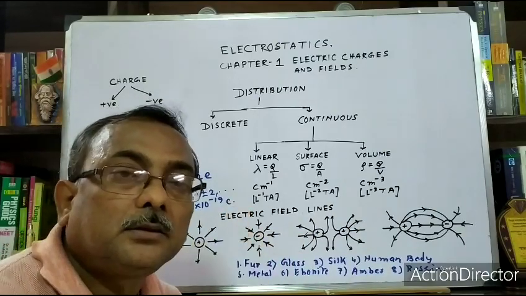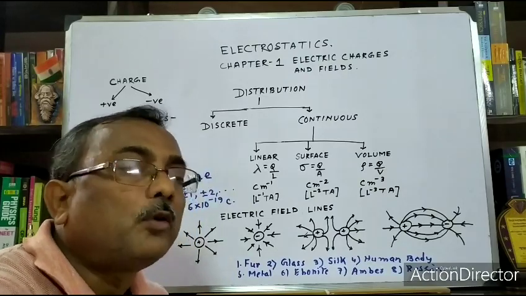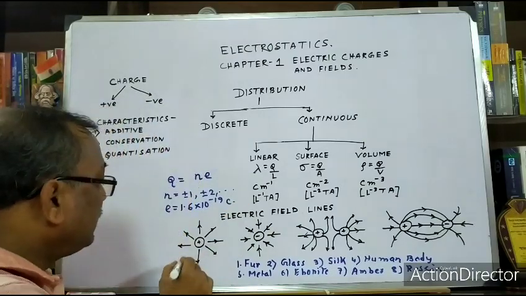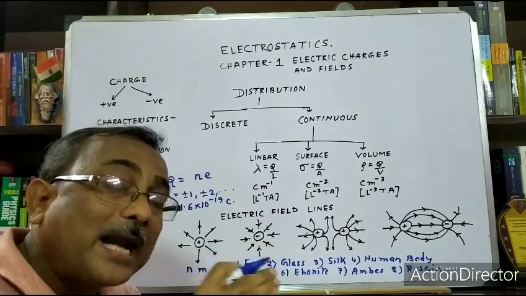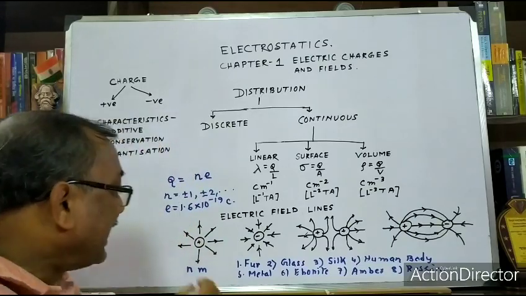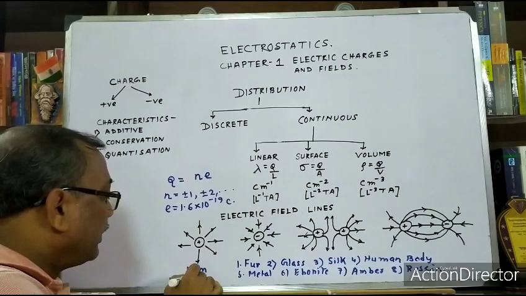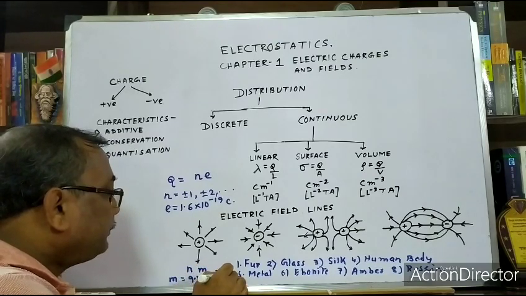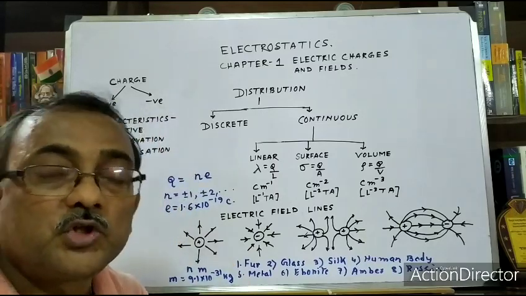The object that gains electrons, quite naturally, if it gains n electrons, its mass will increase by an amount n times m, where m is the mass of each electron, and we know that the mass of each electron is 9.1 × 10^-31 kg. So these are the three characteristics of charge.